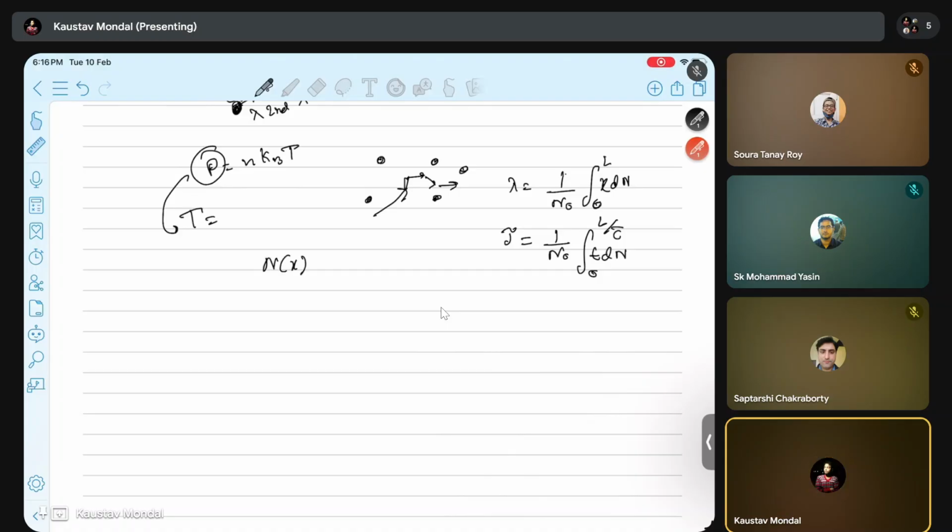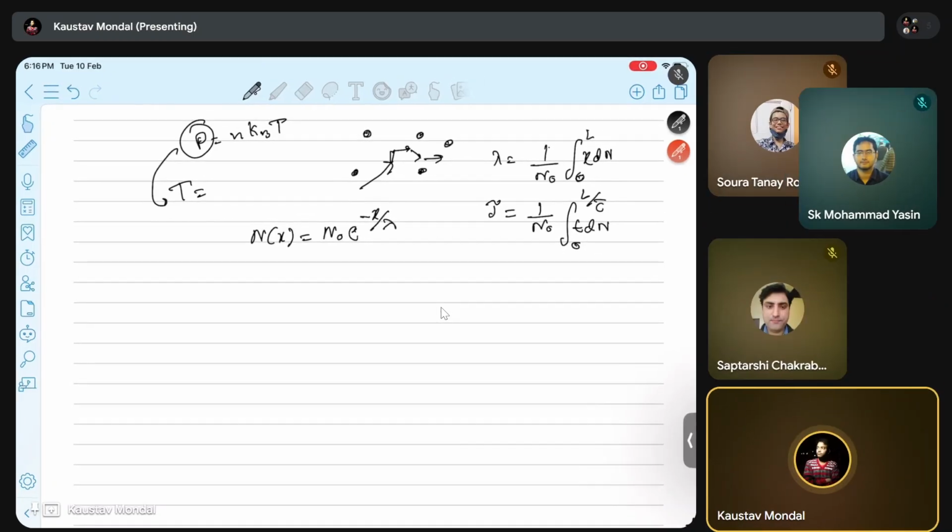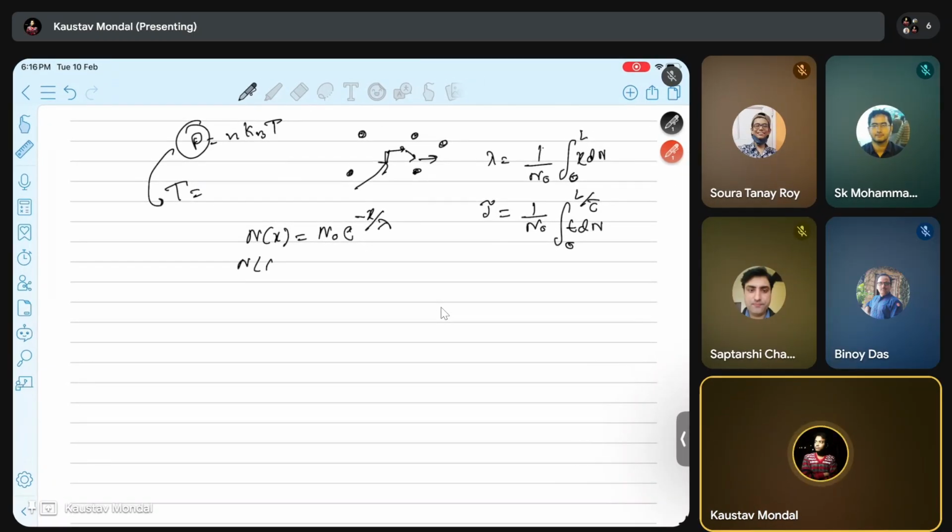Initially if there are n naught molecules, after traveling a distance x, what is the survived number of molecules? Similarly, nt is n0 e to the power minus t by tau after a certain time t.